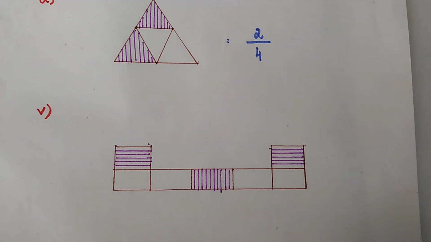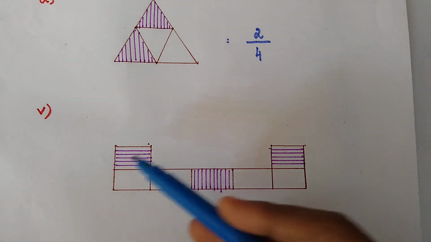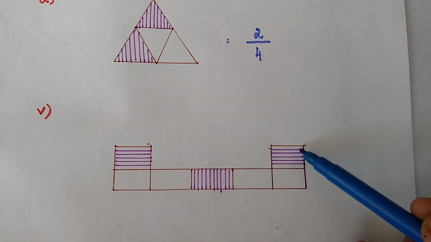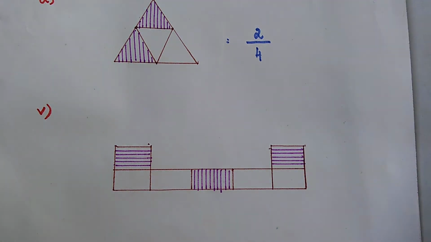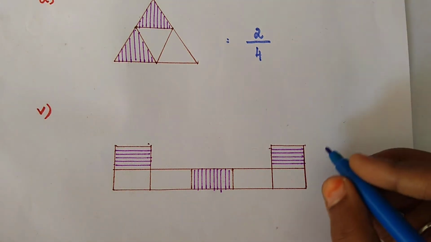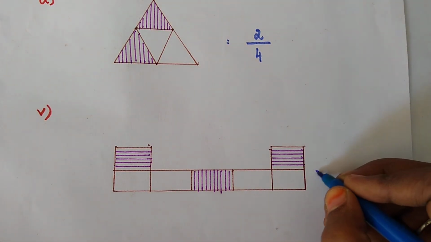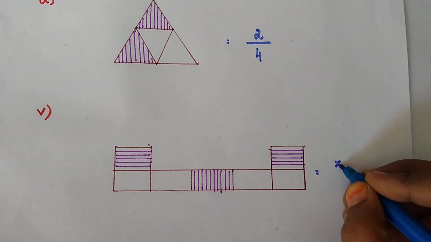From this, how many squares are shaded? There are 3 shaded portions out of 7. So the answer is 3 by 7.